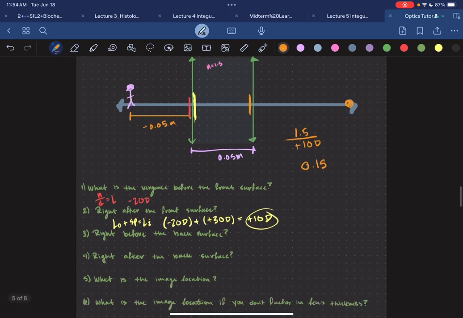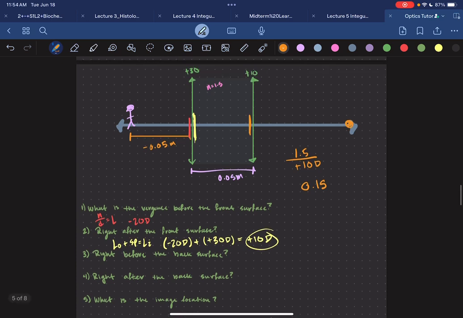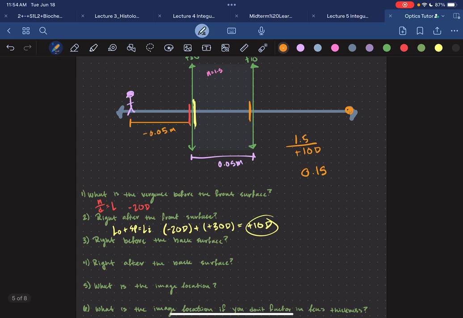Then the light will travel 0.05 meters. So we have 0.15 minus 0.05, and that will give us 0.1. Then we'll use that to find the divergence right before the back surface.